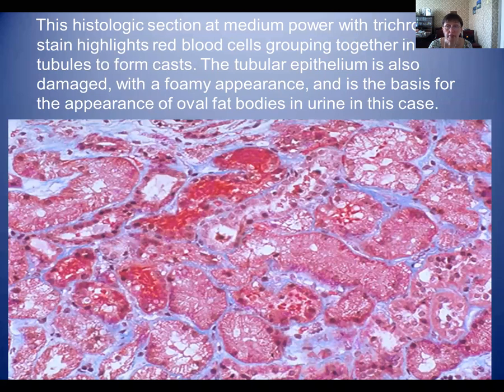Histologic examination is obligatory now for the diagnosis of glomerulonephritis. And on this slide, we can see a lot of red blood cells and casts of red blood cells which form a group in the tubules, and also we see some foamy oval fat bodies on this section of the parenchyma of the kidney.